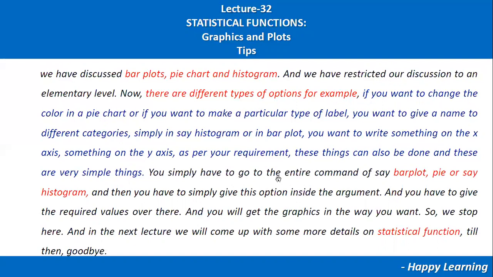You simply have to go to the entire command, like bar plot, pie, or histogram, and give these options inside the arguments with the required values, and you will get the graphics in the way you want. Like that we have to practice.